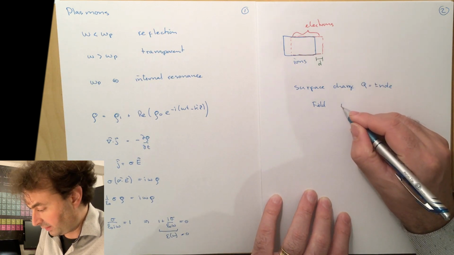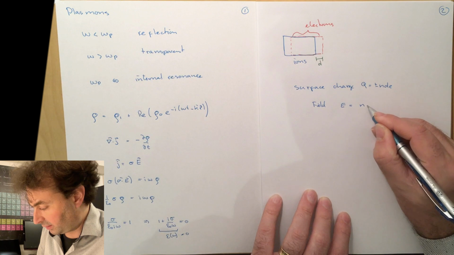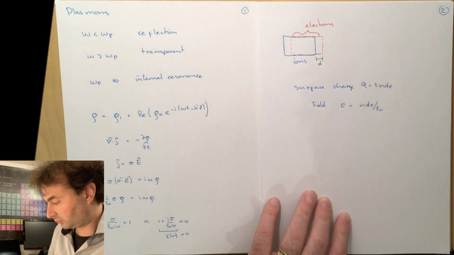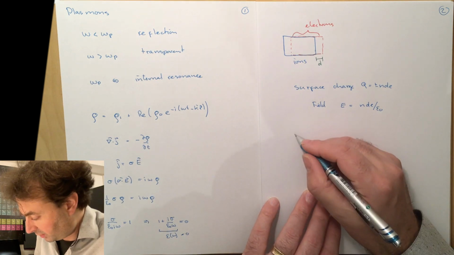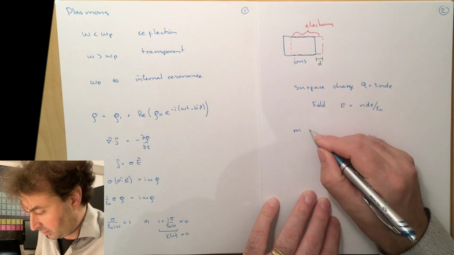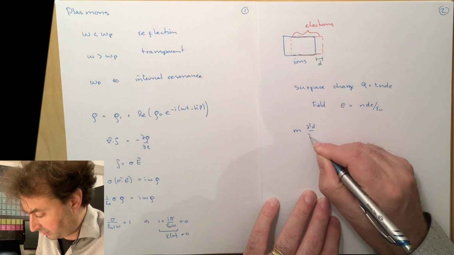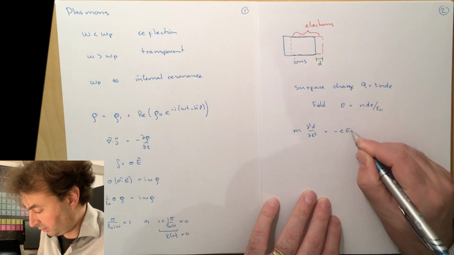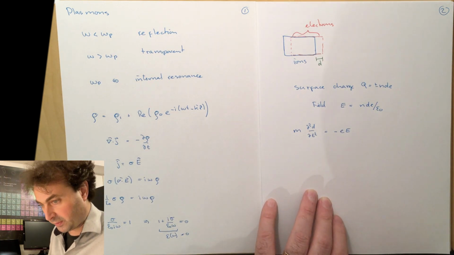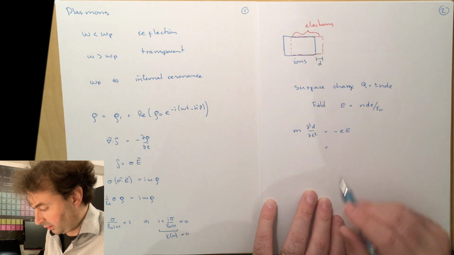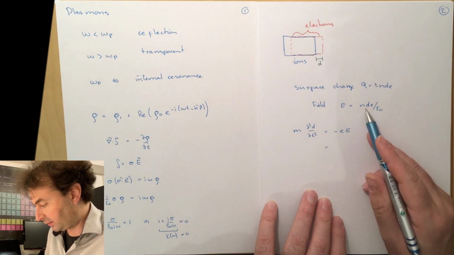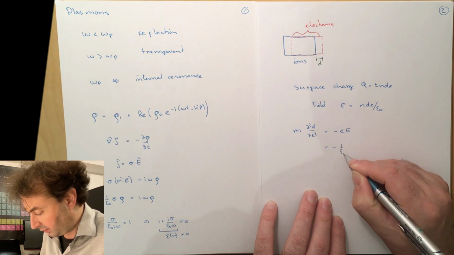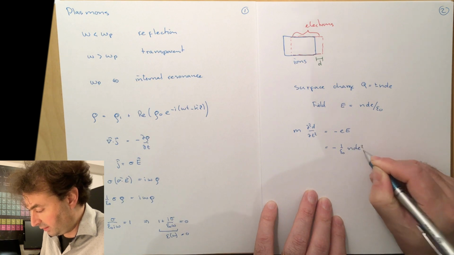The field that we get in a capacitor is then given by n d e over epsilon 0. So our equation of motion, F equals m a, the mass times the second derivative of d, is minus the electric charge times the field. And of course we can now put in the electrical field n d e over epsilon 0, giving minus 1 over epsilon 0 n e squared d.